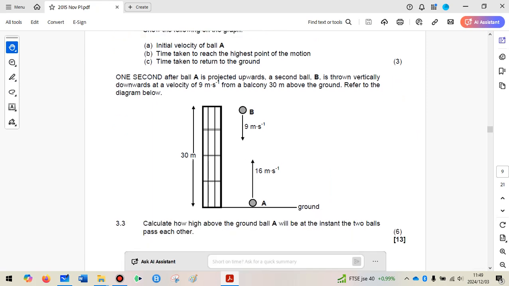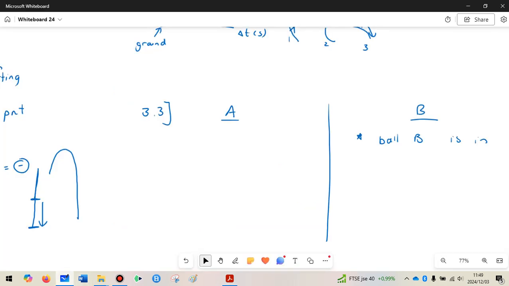And you want to know, calculate how high above the ground ball A will be at the instant the two balls pass each other. Now when they pass each other, no one is saying where they pass. A lot of people mistakenly think they'll pass each other halfway or when A is back on the ground, and we just don't know something like that. So ball B is in the air when they pass each other.